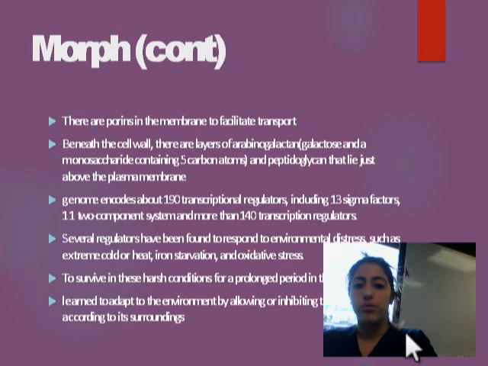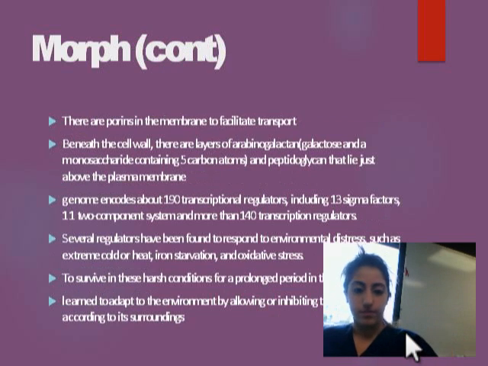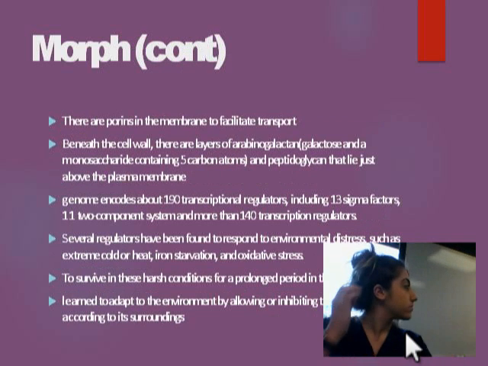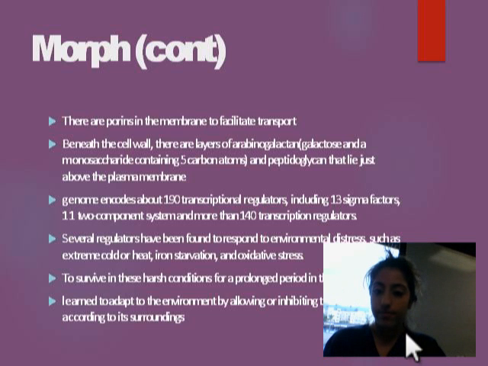On the second bullet point, peptidoglycan, it's amino acids and sugars that create a mesh-like layer. Amino acids is the protein. So it's a particular glycoprotein.